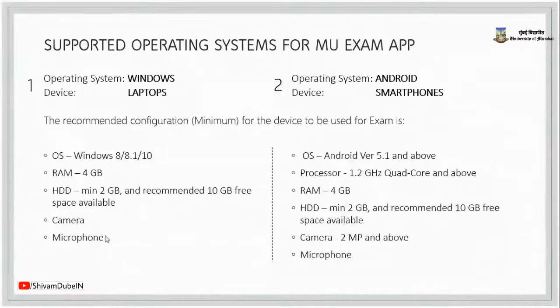You're requested to have a minimum processor of 1.2 gigahertz with a quad core and above, a RAM once again of 4 GB, HDD minimum 2 GB, and once again a recommended 10 GB free space available, camera once again if possible of 2 MP and above, and a microphone. These are your basic requirements for the two devices that are running on operating systems Windows and Android.